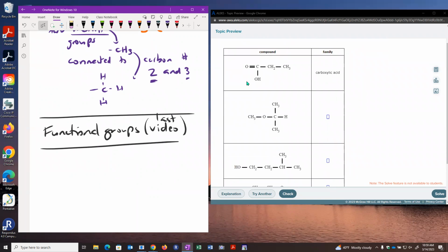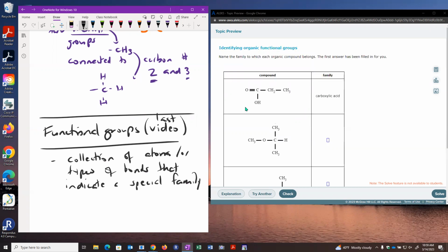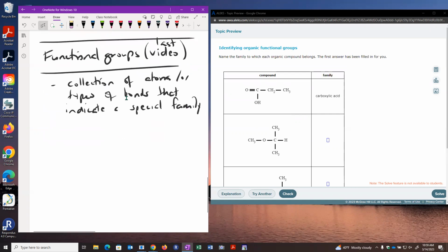So this first one here, usually your functional groups would be a collection of atoms or types of bonds that indicate a special organic family. So for example, this first one, typically your functional groups are atoms other than carbons and H's. That's how you can quickly gravitate towards them.